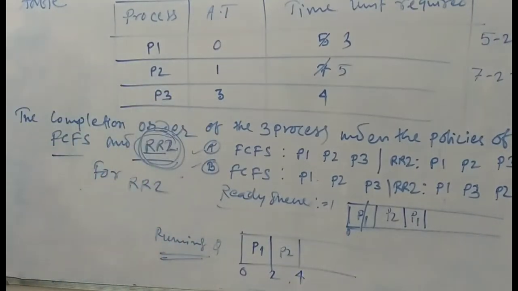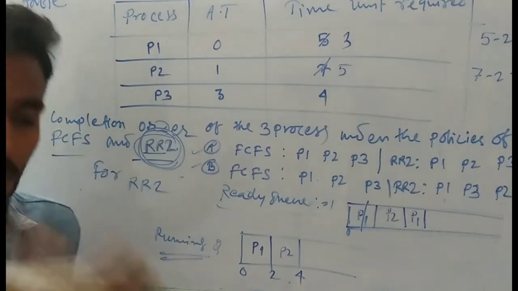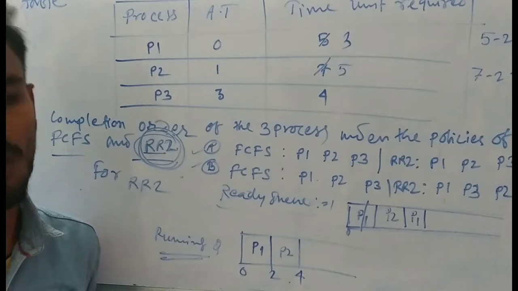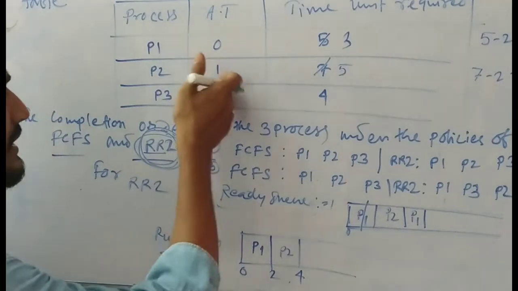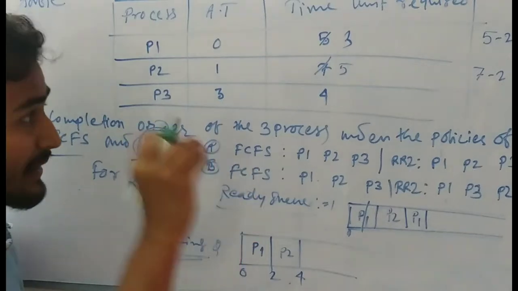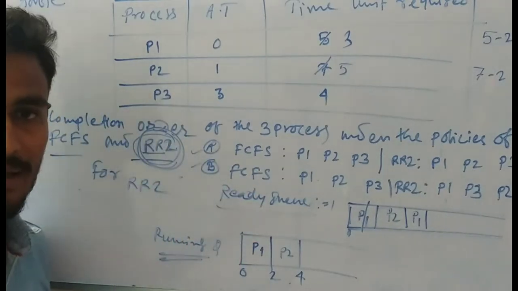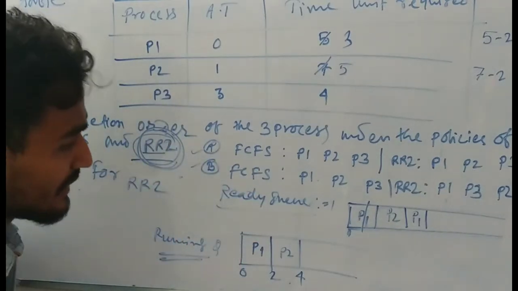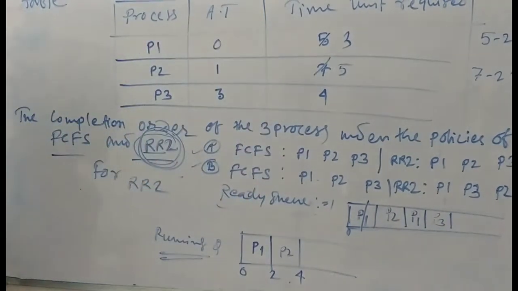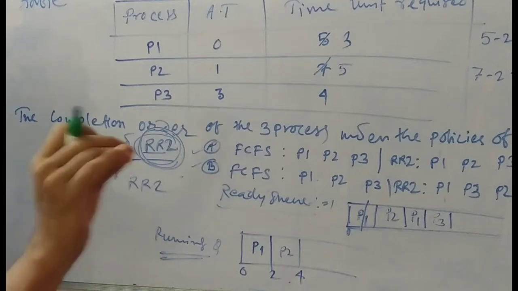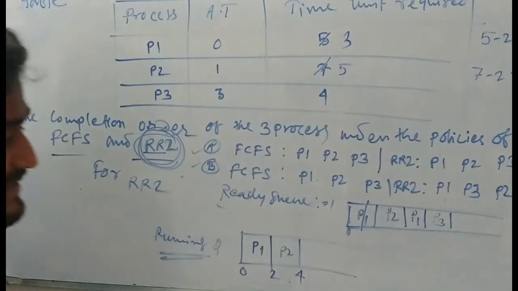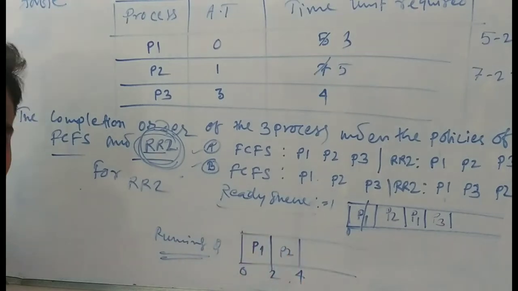Now I write 4. Sir, at time 4, how many processes are present in the ready queue? Both of them are already ready, so that doesn't matter, but the newly arrived P3 is ready at time 4. So first of all we write P3. First of all, which processes are ready? Those will be written, and then check whether the P2 process is complete or not.